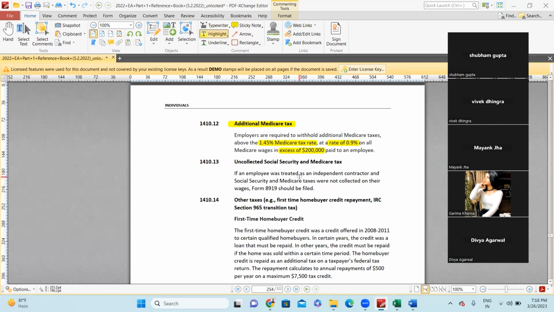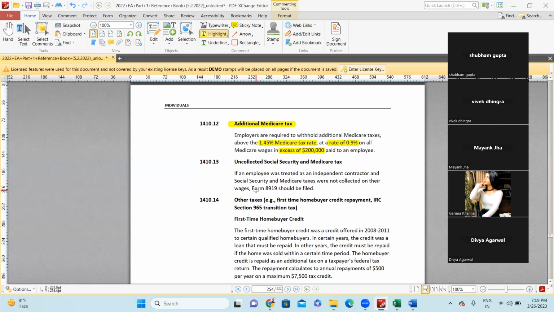Okay, so the next one is uncollected Social Security and Medicare taxes. If the employee was treated as an independent contractor and Social Security and Medicare were not collected on their wages, then Form 8919 should be filed.